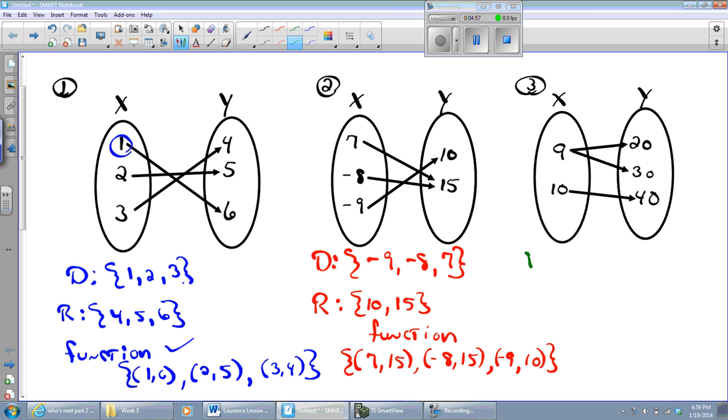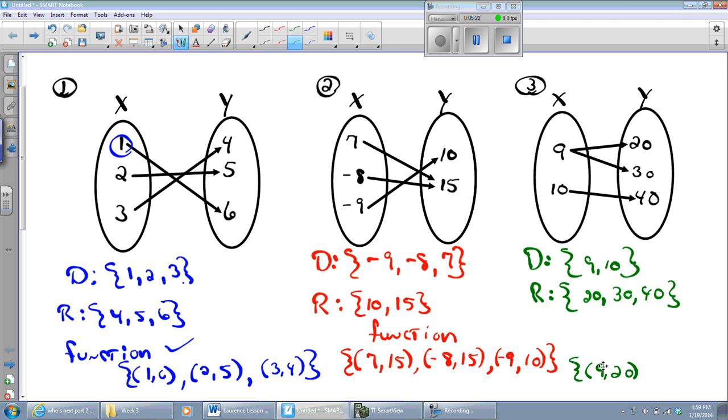All right, let's check this one out. Number 3, my domain is the set 9, 10. My range is the set 20, 30, and 40. The relation, the set of ordered pairs, would be 9, 20, 9, 30, and 10, 40.